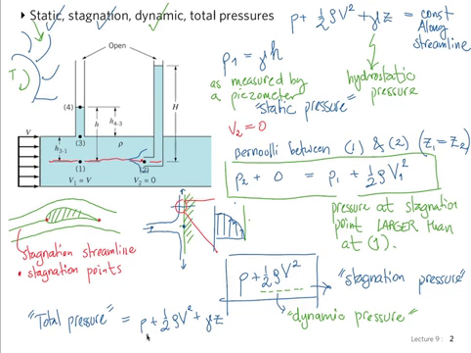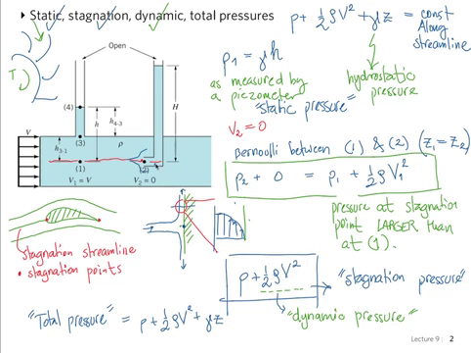Total pressure is P plus 1/2 rho v squared plus gamma z, and gamma H just measures P, the static pressure. So total pressure applies at any given point, as the sum of static, which is gamma H, dynamic, 1/2 rho v squared, and gamma z if there was elevation here that we would consider in addition.